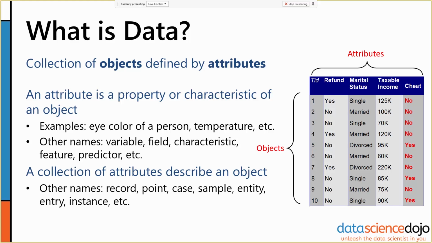So every entry in our table here, and not all data can be represented nicely in a table, but a lot of it can be, in this case, a data object is a row, and a data attribute is a column. We think of the attributes as being properties of the objects. So the eye color of a person, the temperature, whether someone filed for a tax refund in the next year, what their taxable income was, those are all attributes of our data objects.